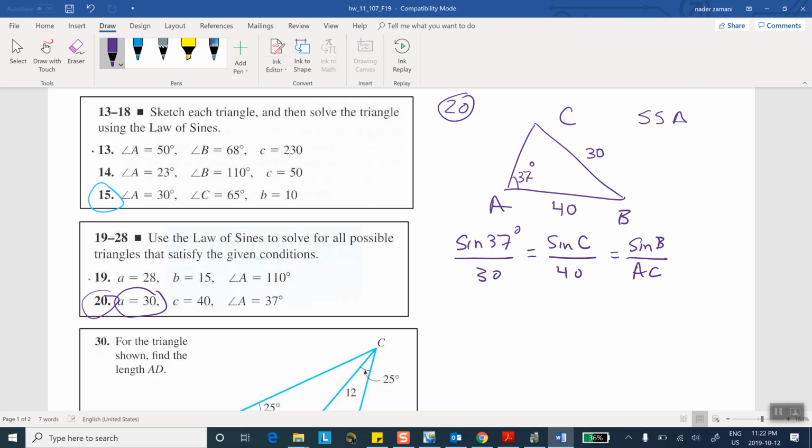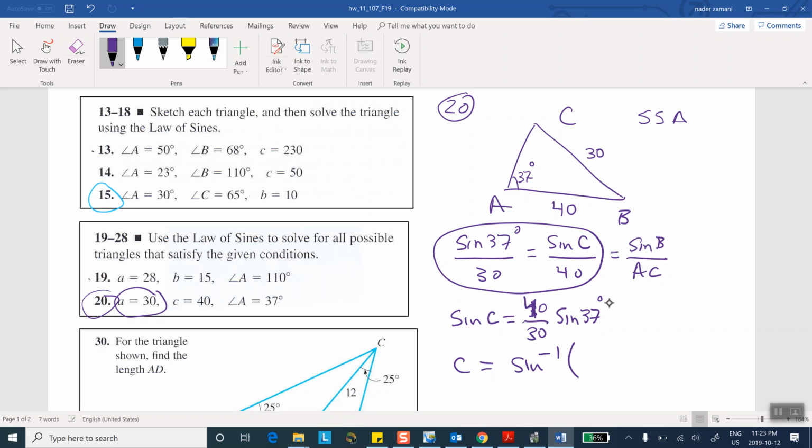From this equation, we're going to find the angle C. So we have sine of C is equal to 40 over 30 times sine of 37, or simply 4 over 3 sine of 37. So C is sine inverse of 4 over 3 sine of 37.